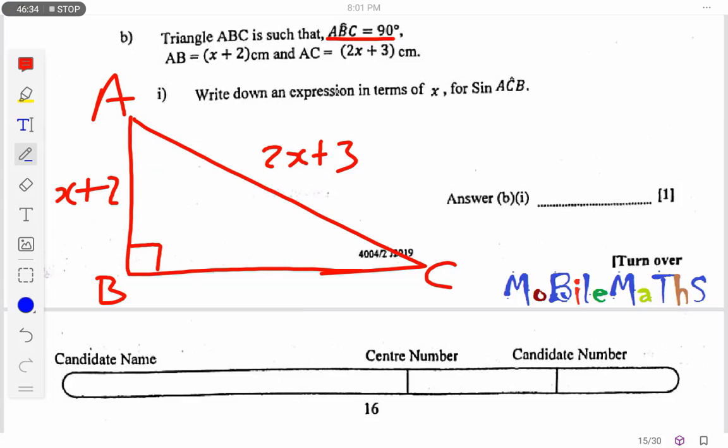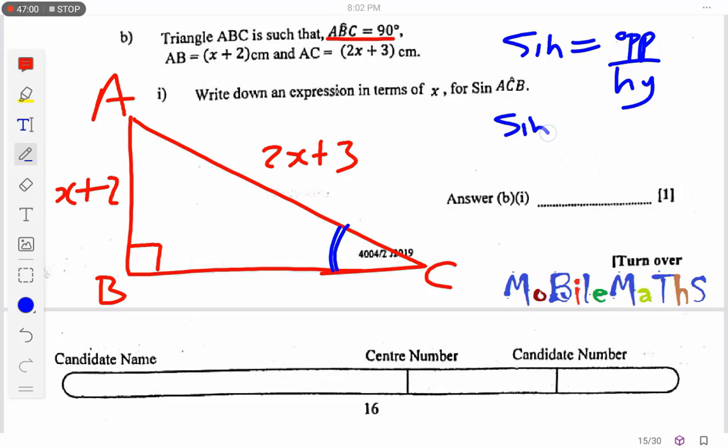Write down an expression in terms of x for sine ACB. Okay, so we want to find sine ACB, so we want to find this one. So sine is equal to opposite over hypotenuse.